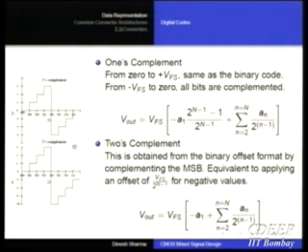Notice that there was a jump of the full range as you go from here. That means as you go from let us say 0111 to 1000, you have gone from most positive to most negative in one step. So the jump involved is twice the maximum magnitude, the full range.